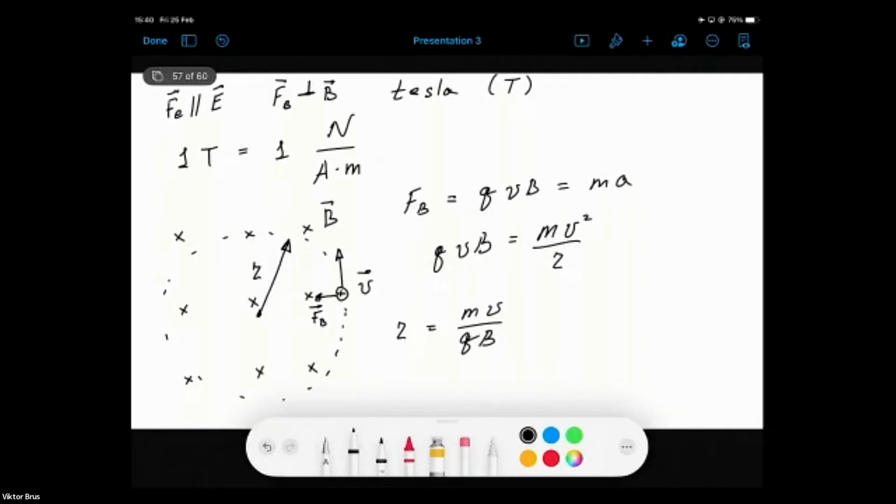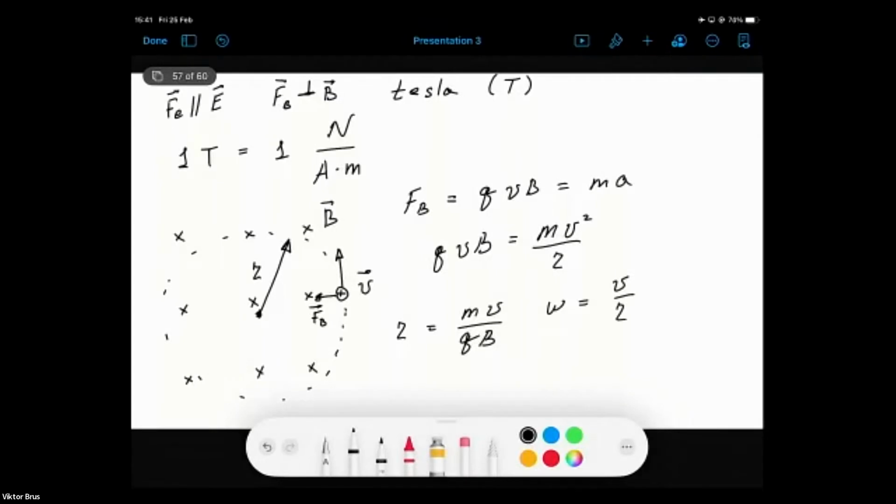What is also very important when we deal with such motion of a charged particle in a uniform magnetic field is the frequency, or also the period, of one rotation about the center along this circular trajectory. So the angular frequency omega can be defined as linear speed divided by radius.